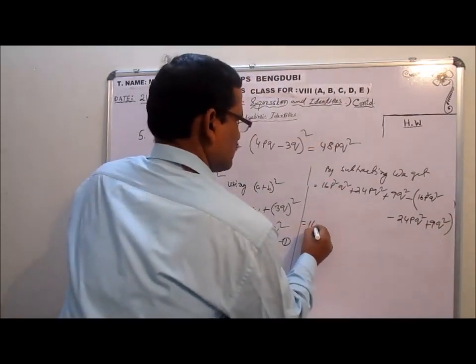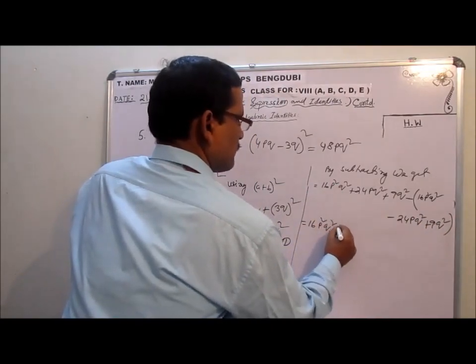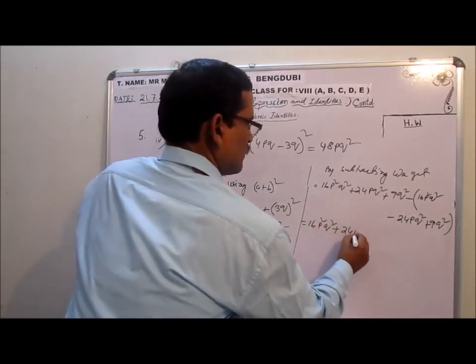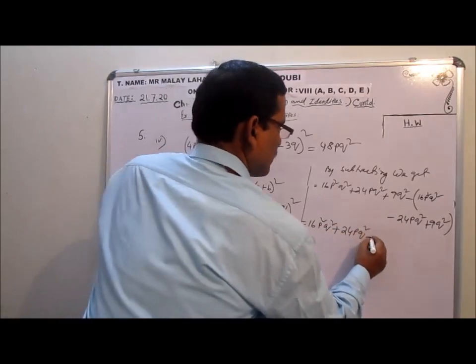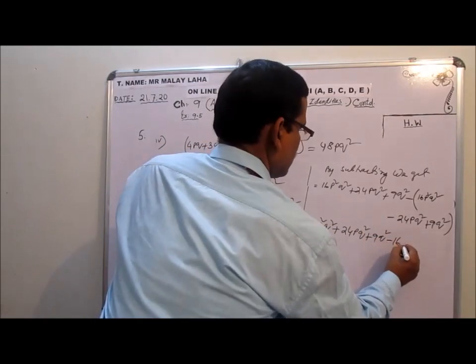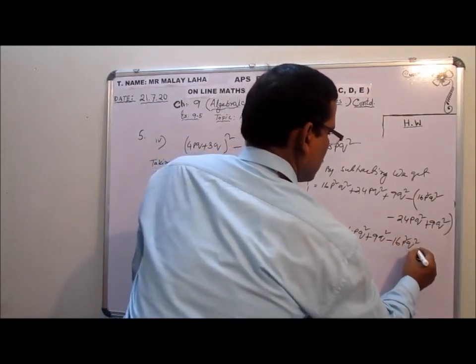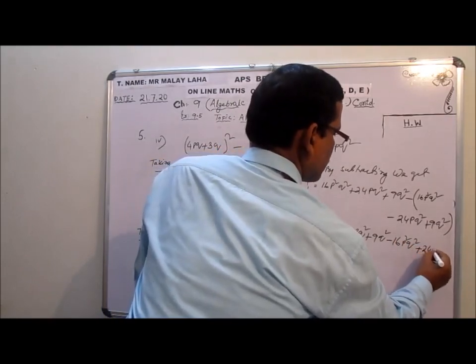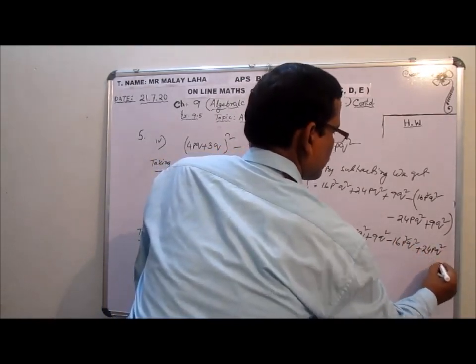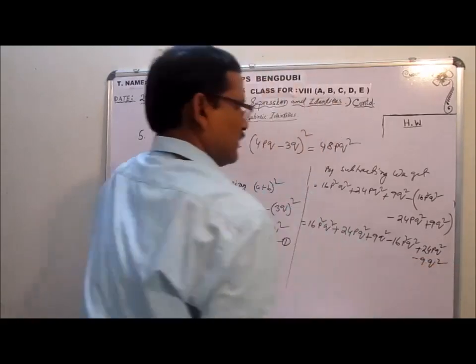So 16 p square q square plus 24 p q square plus 9 q square minus 16 p square q square plus 24 p q square minus 9 q square.